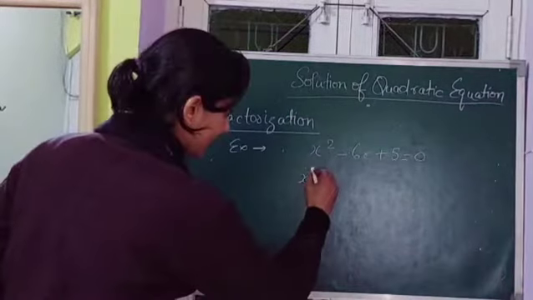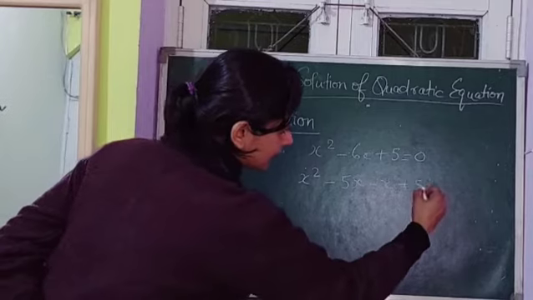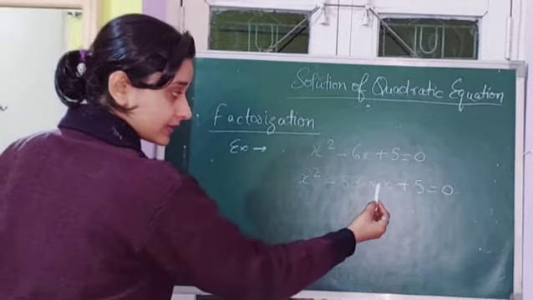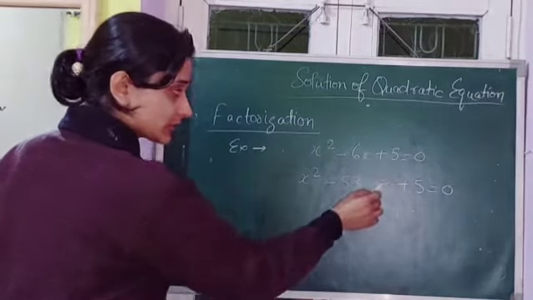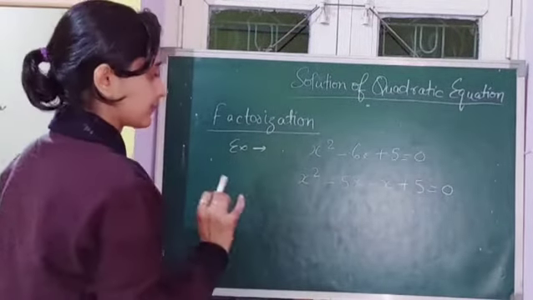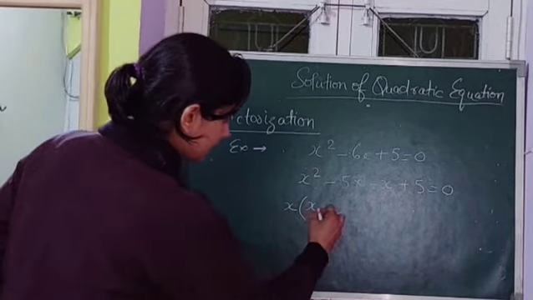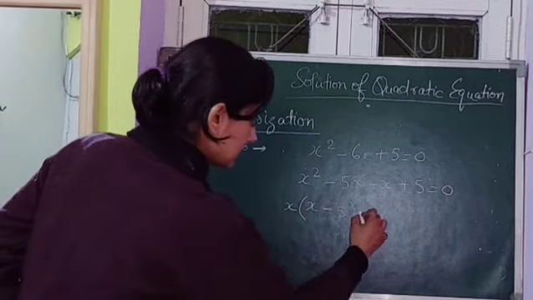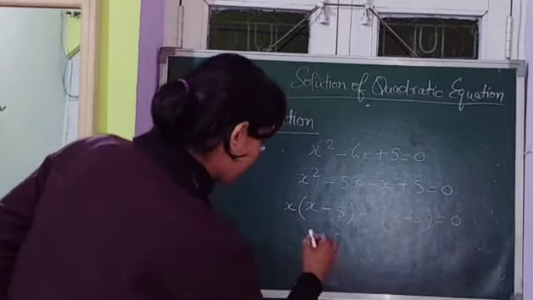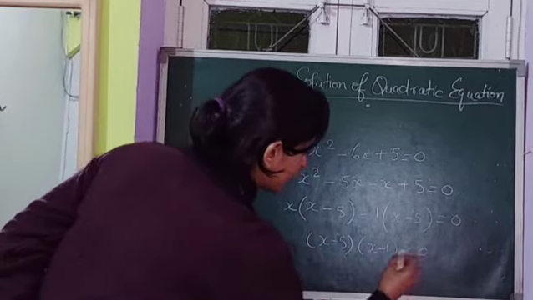So x square minus 5x minus x plus 5 equals to 0. Minus 5x into minus x comes out 5x square, and minus 5x minus x comes out minus 6x. Now we take x common, x minus 5 minus 1, x minus 5 equals to 0. So x minus 5 times x minus 1 equals to 0.